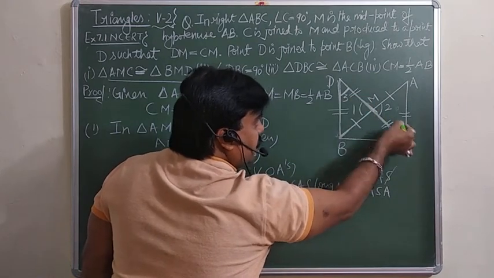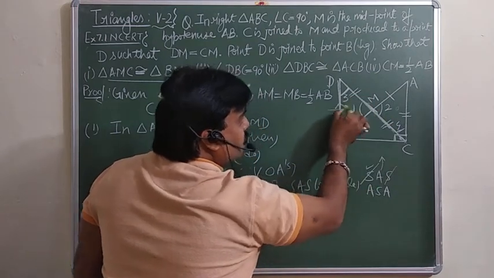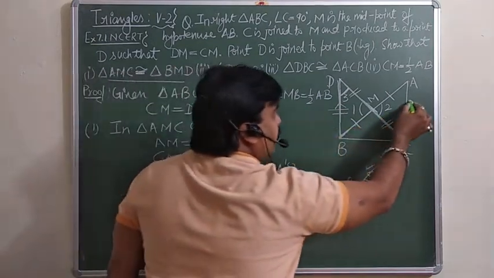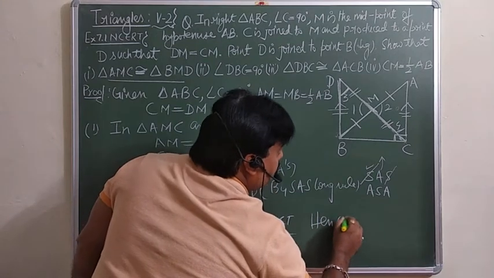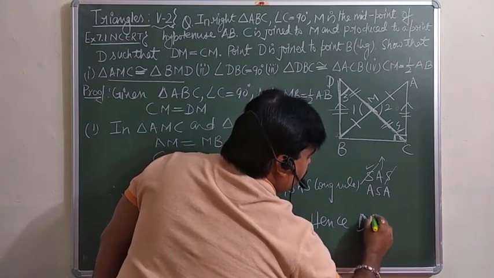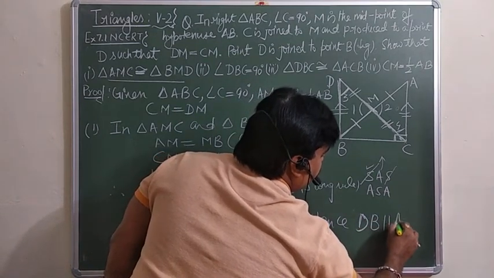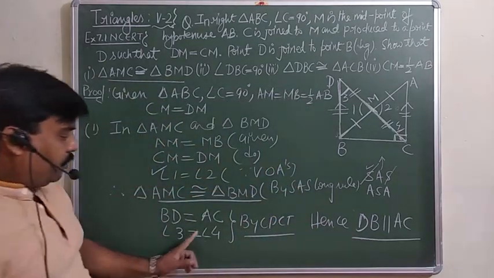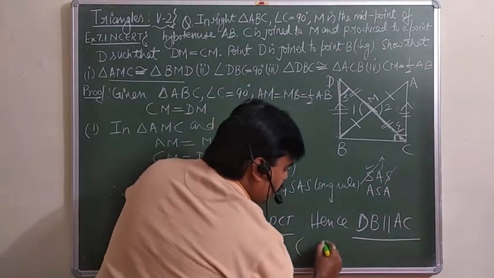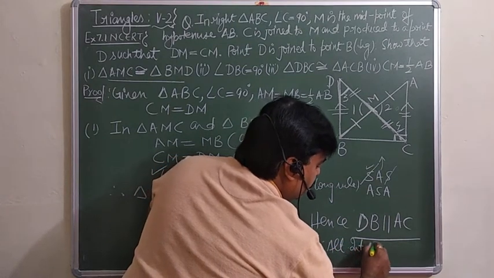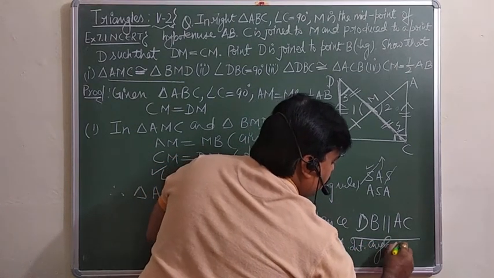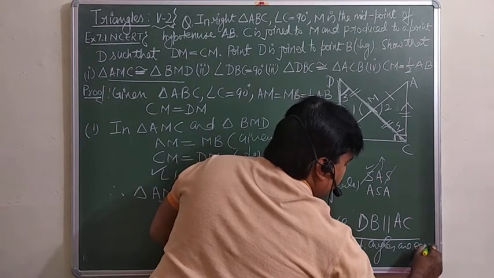You can say the alternate interior angles are equal, and once the alternate interior angles are equal, then the sides will be parallel. So from here, hence you can say this DB is parallel to AC. This is also the information we are getting, because you can give the reason: alternate interior angles are equal.